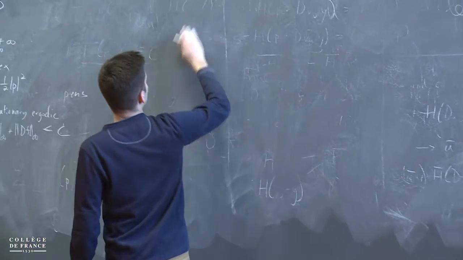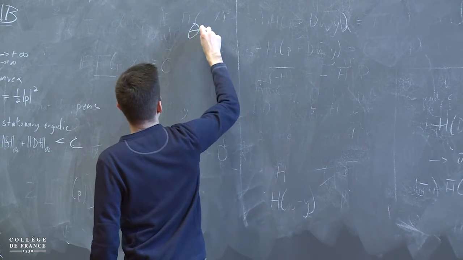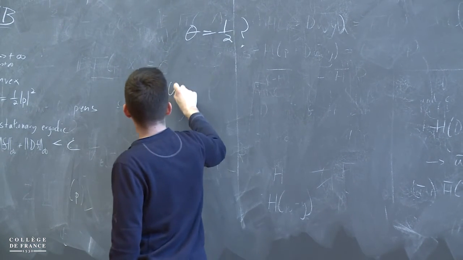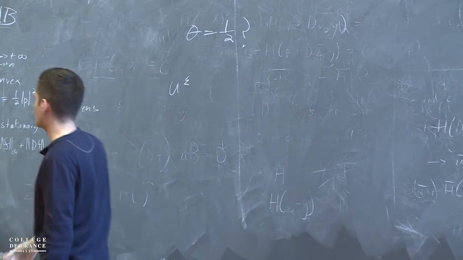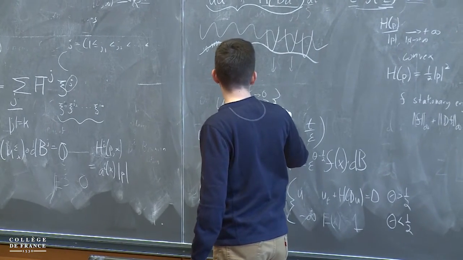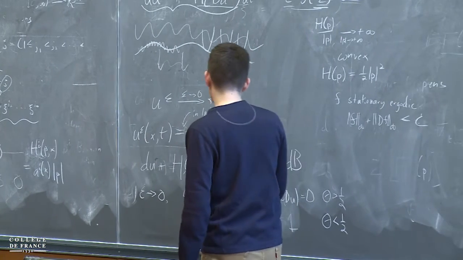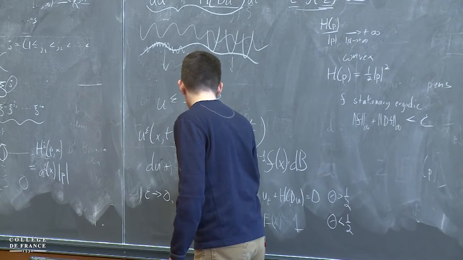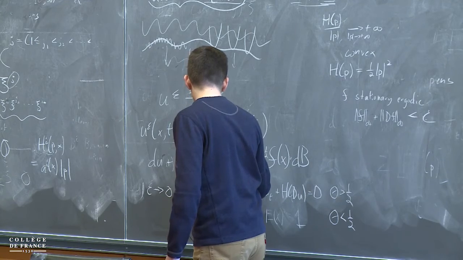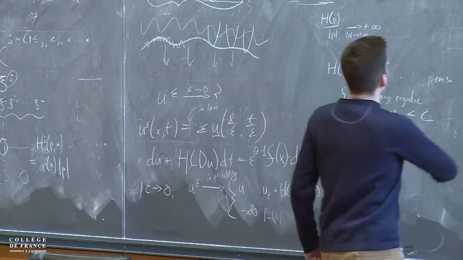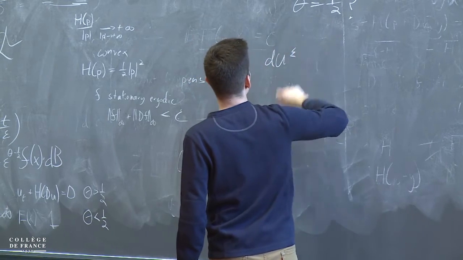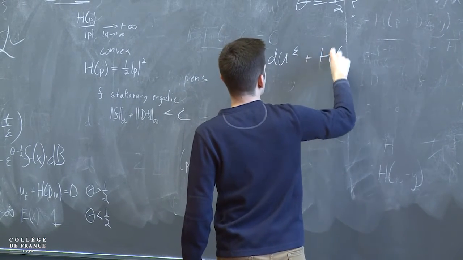So what we get exactly is, in law, I should say this is also in law, this equality, because of my Brownian scaling. And this convergence is in probability. So in law, the equation that I have for U epsilon when theta equals 1/2 is this one.